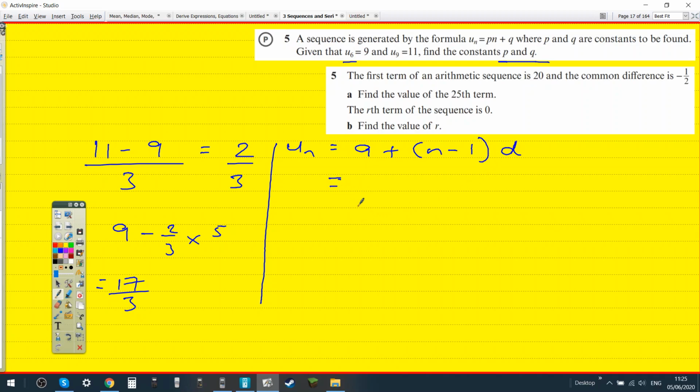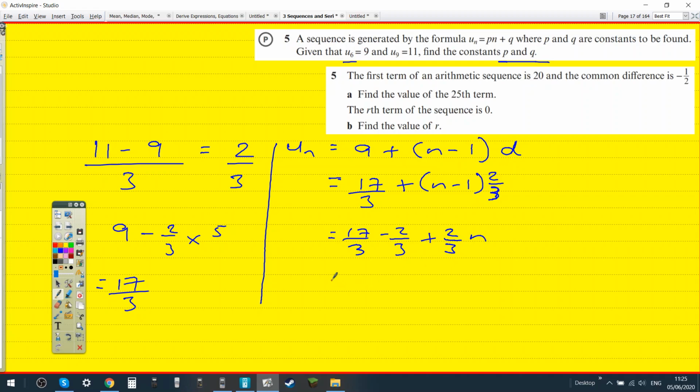So is it equal to 17/3 plus n minus 1 times 2/3? Yep. And then go from there. And so that would be 17 over 3 minus 2/3 plus 2/3 n.